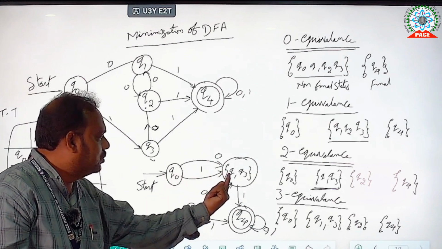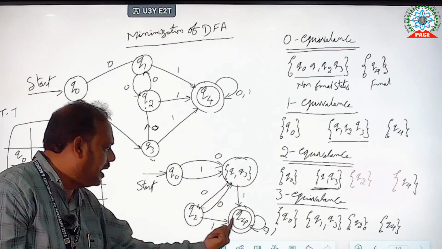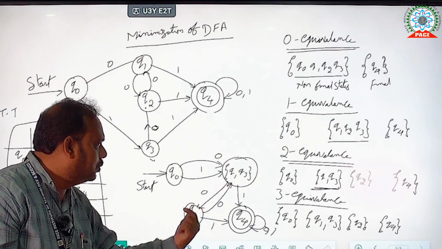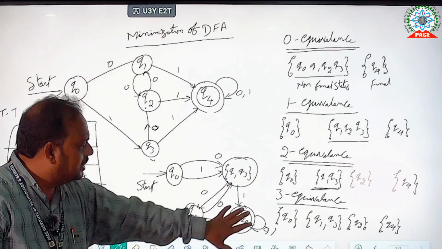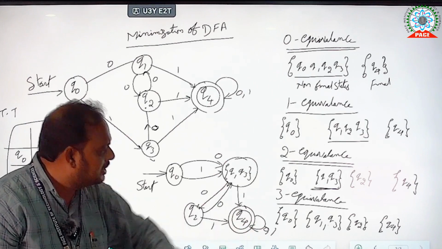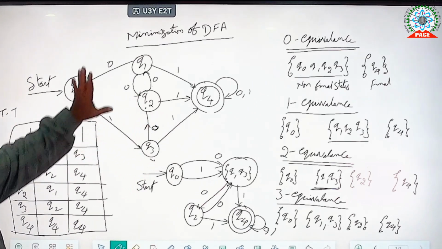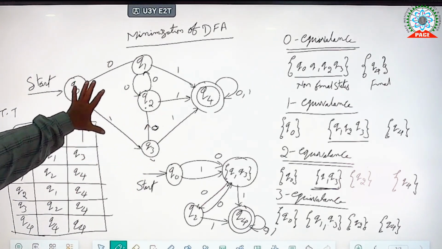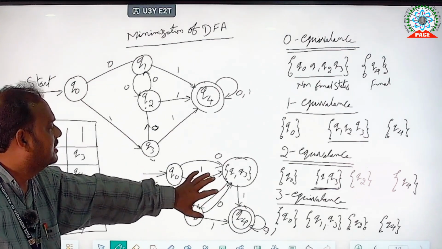Q2 has a 0 transition to Q1, Q3 and a 1 transition to Q4. Q4 has a self transition on 0, 1. Like this, we have to minimize the given DFA. The above diagram has 5 states, and the minimized solution has 4 states.